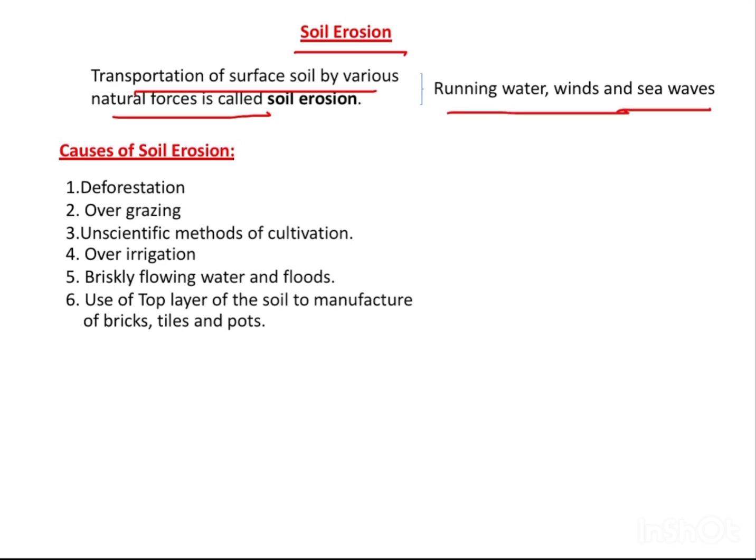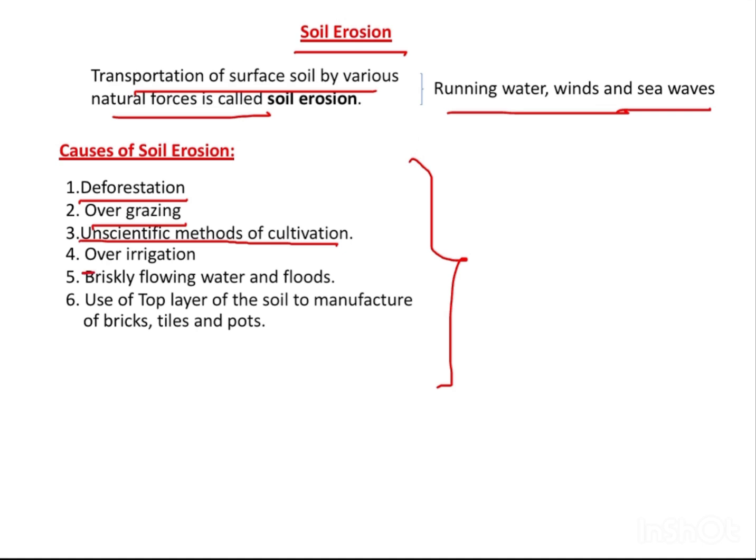The causes of soil erosion are, first, deforestation, meaning cutting of trees. Second is overgrazing, meaning excessive consumption of vegetation by livestock. Third is the unscientific method of cultivation, meaning practicing the old style of cultivation.